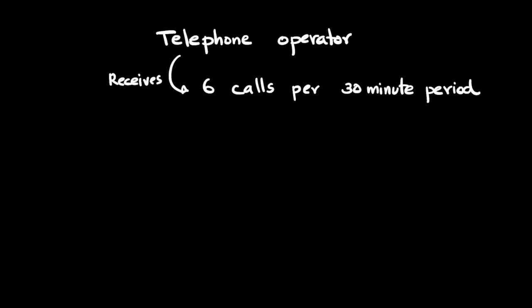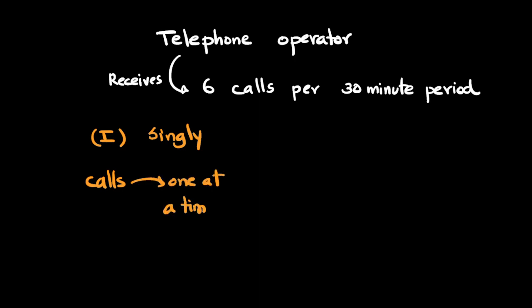Now in this context, if I talk about occurring singly, what does it mean? That means the calls will come one at a time. That is what it means by singly.